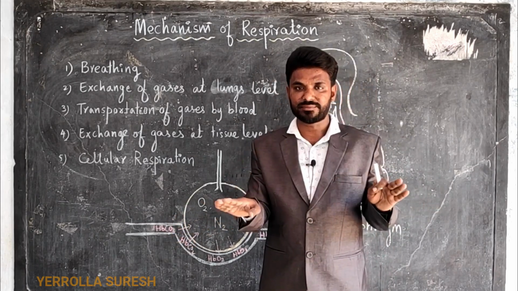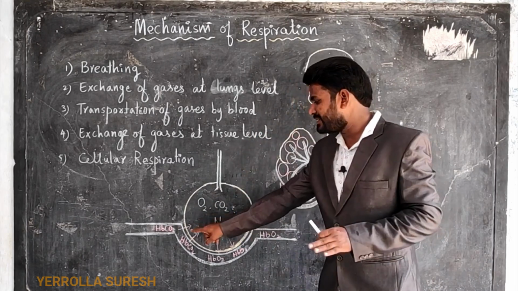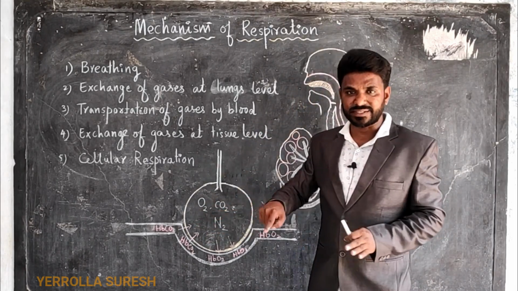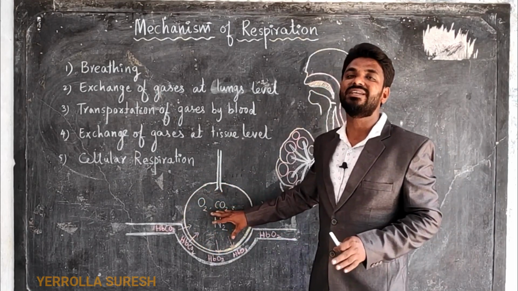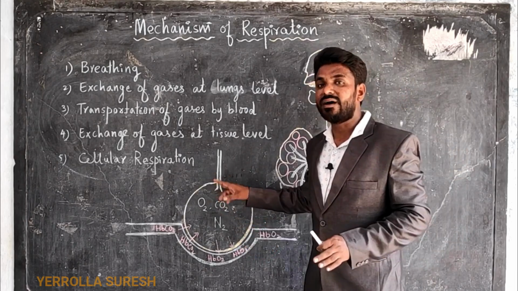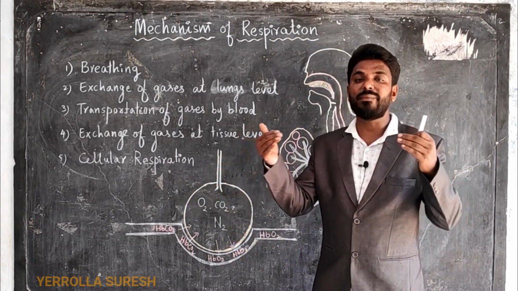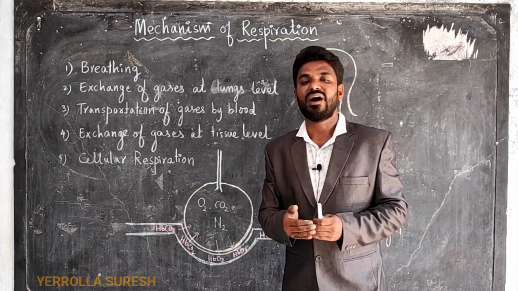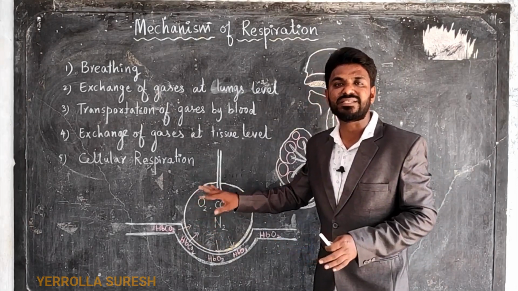Carboxyhemoglobin gets separated, so that carbon dioxide is released from hemoglobin into the alveolus. In return, the concentration of oxygen is more in the alveolus than in blood, so the oxygen from the alveolus moves into blood. Then it combines with hemoglobin and forms oxyhemoglobin. So here, exchange of gases takes place in the alveolus.